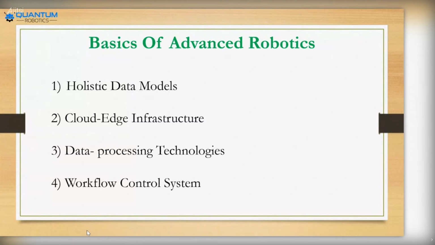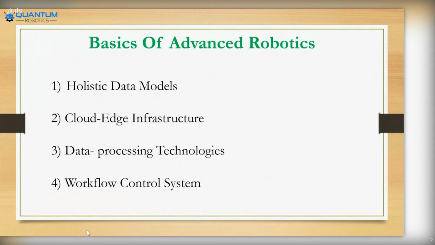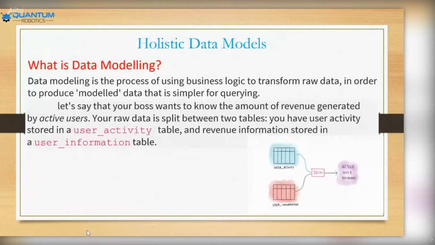Now you are going to learn holistic data models and cloud infrastructure, data processing technology, and workflow control system. Now here is holistic data modeling. In holistic data modeling, what is that? What is data modeling?